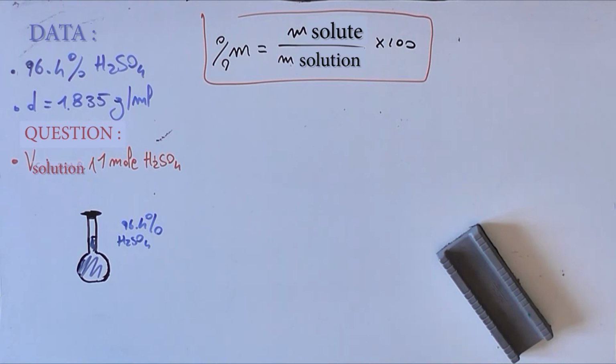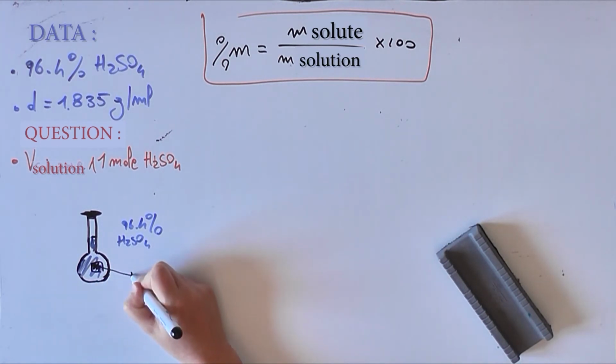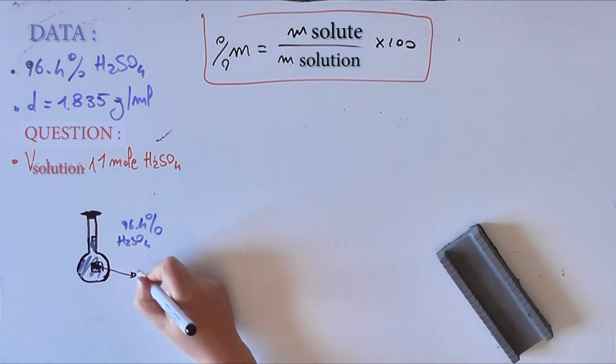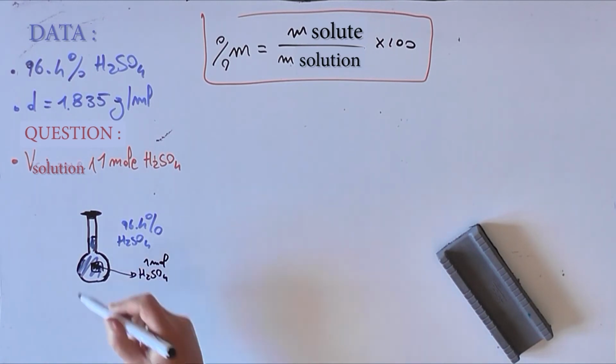The problem is asking me to calculate the volume of 1 mole of sulfuric acid. So the volume in which is contained 1 mole of sulfuric acid. This is the question of our problem.